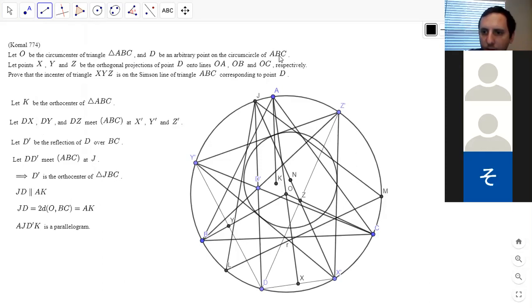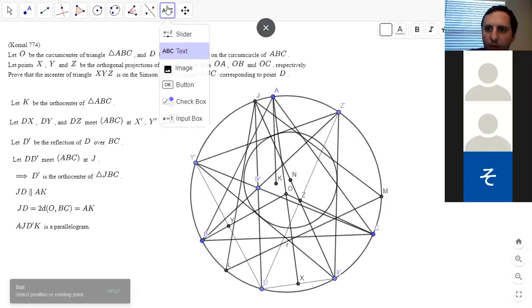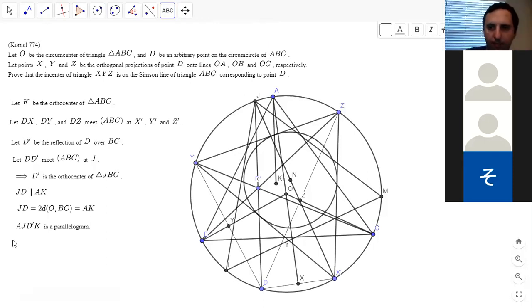One new message: L is the midpoint of arc X prime, Y prime. Okay. That's right. Let L be the midpoint of arc X prime, Y prime.